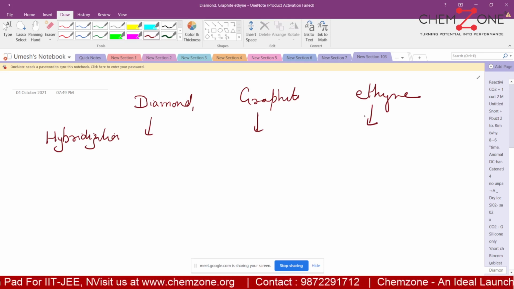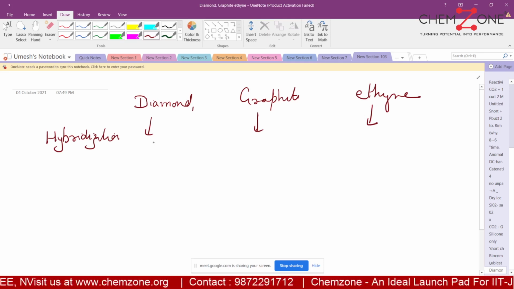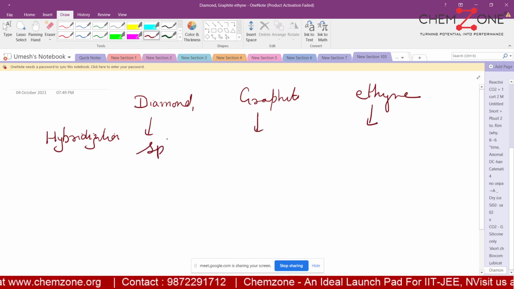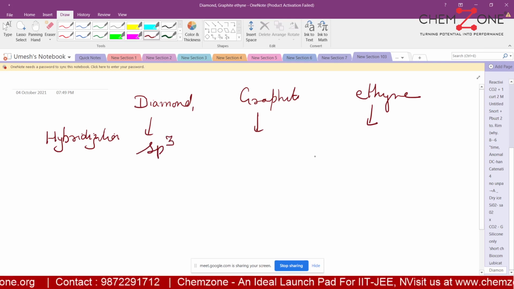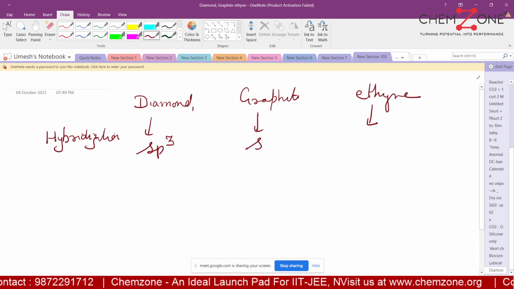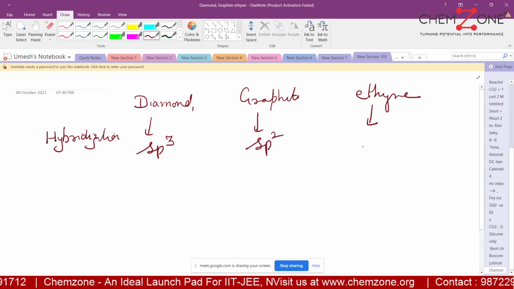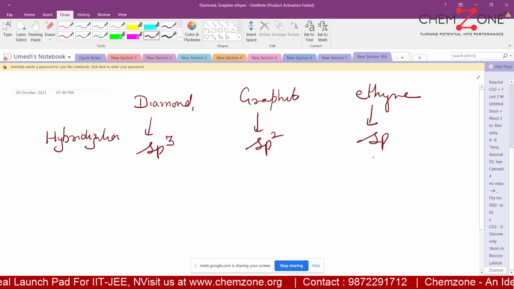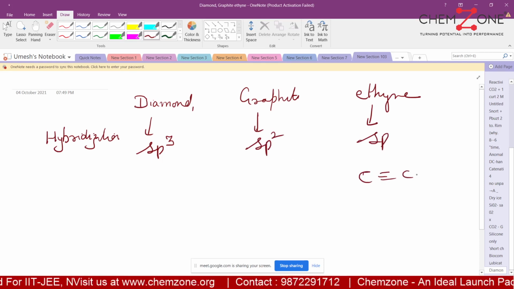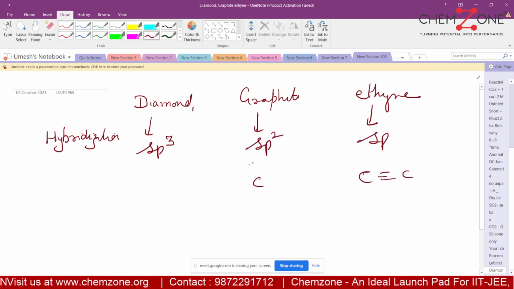For diamond it will be sp3. For graphite it will be sp2. And for ethyne it is sp. It's a carbon-carbon triple bond, so it's sp. Here it is a double bond.